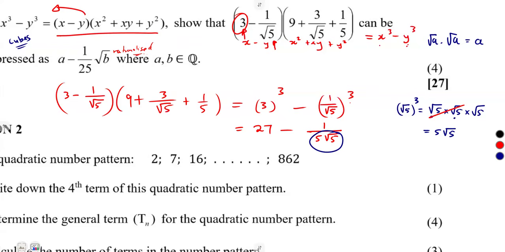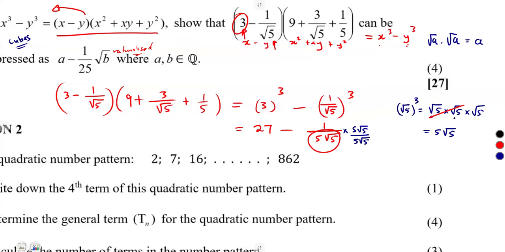So how do we rationalize? We simply multiply both the numerator and denominator by what we have in the denominator, like this, 5 square root of 5. So you multiply both the numerator and the denominator by this term in the denominator.